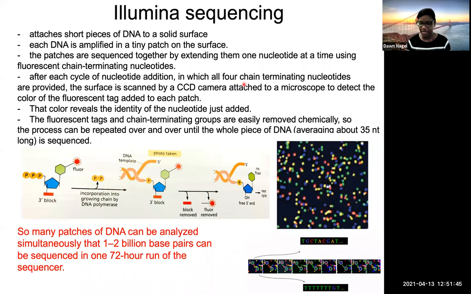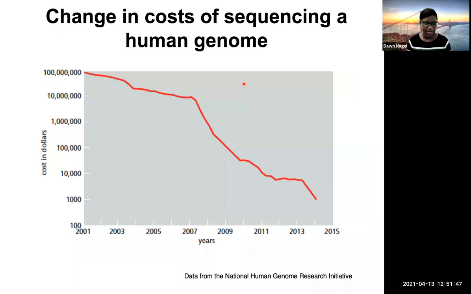But that's how the advent of sequencing technologies has enabled us to really understand what's in the genome, what the sequences are, and allowed us to compare between different organisms, all the different genomes that are available. The cost has gone down significantly from where we started to where we are now, and the process is way more efficient.